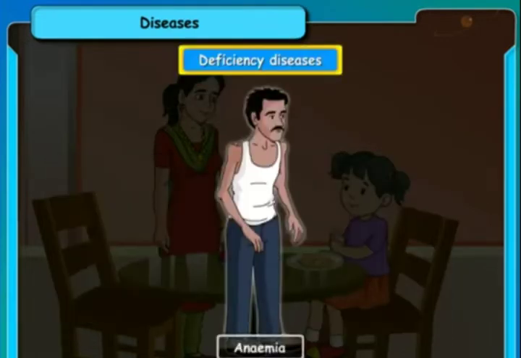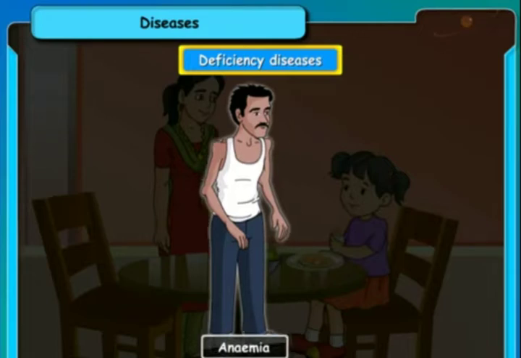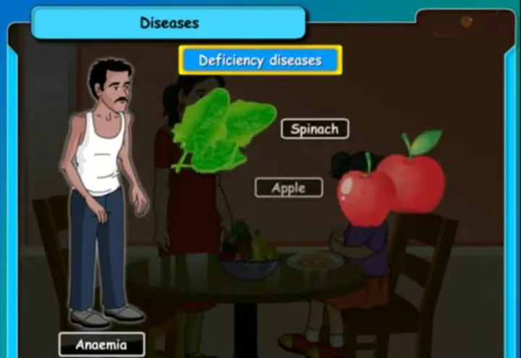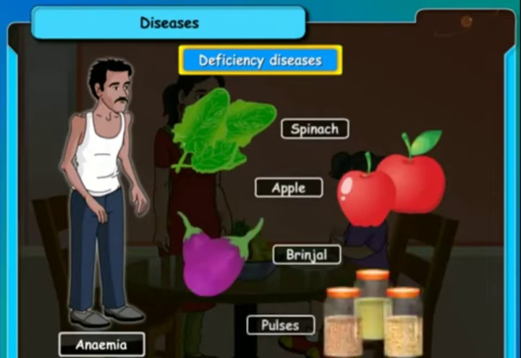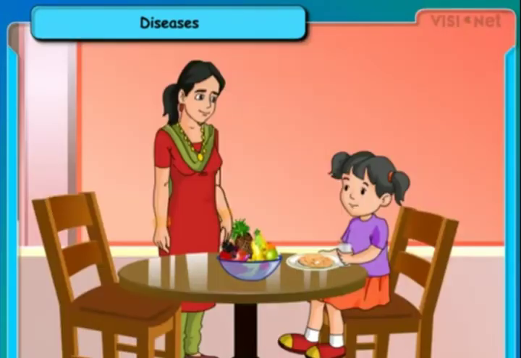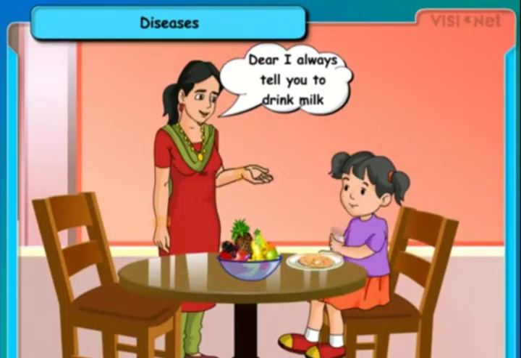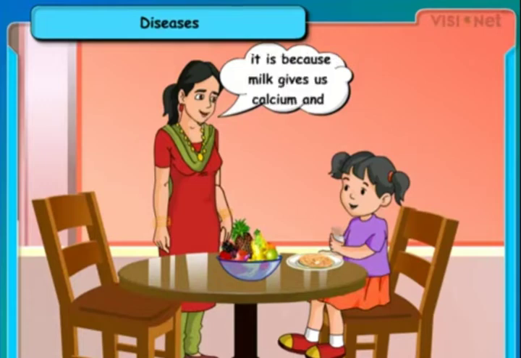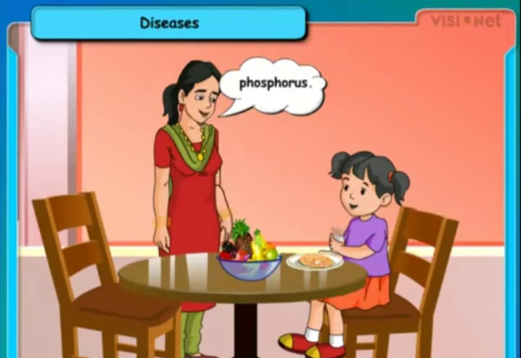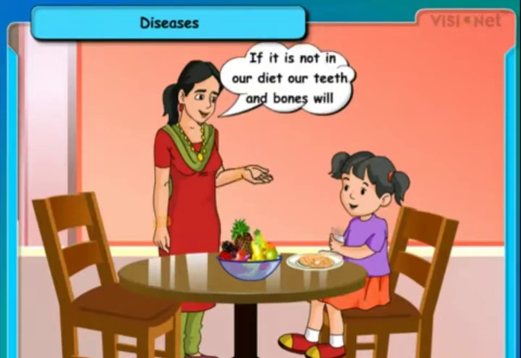Some diseases are due to deficiency of certain minerals, like anemia is caused by deficiency of iron. Therefore, we should have spinach, apple, brinjal and pulses in our diet. Dear, I always tell you to drink milk. It is because milk gives us calcium and phosphorus. If it is not in our diet, our teeth and bones will be weak.